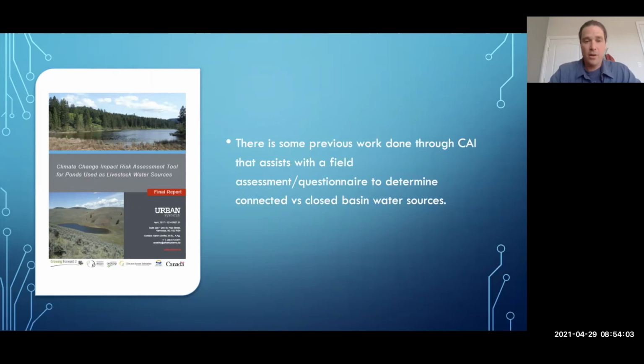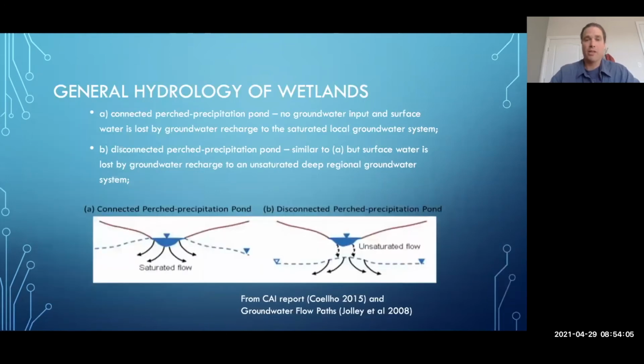If we look at what a connected pond is and the general hydrology of wetlands, connected ponds have input from either groundwater or through flow of water through them. In a situation characterized by A, the pond is connected to the groundwater and is providing input to the groundwater, but these are generally larger ponds that have a lot of pressure on them and are able to push water into the groundwater flow.